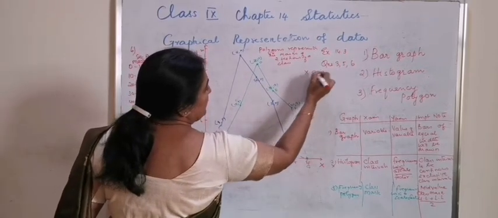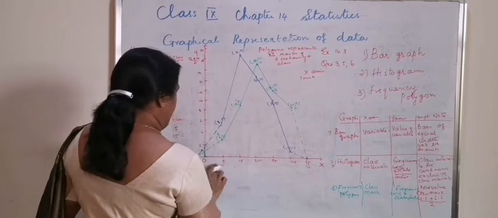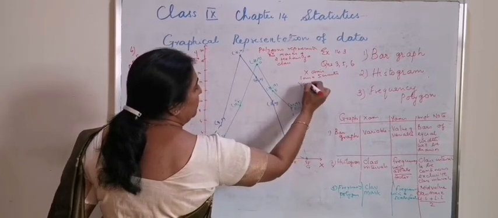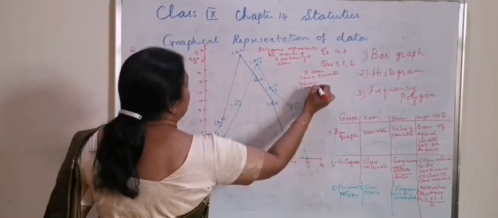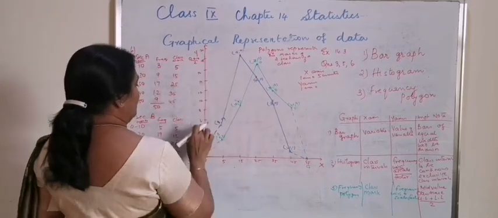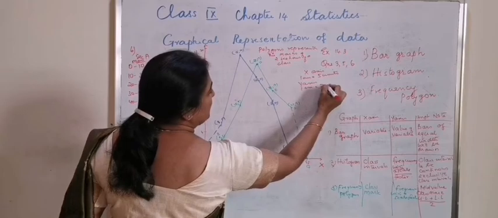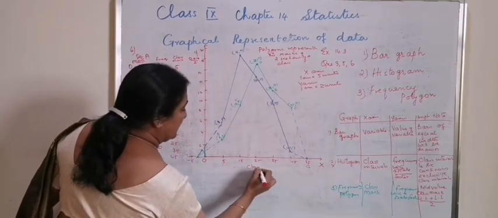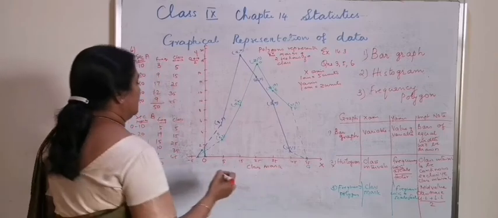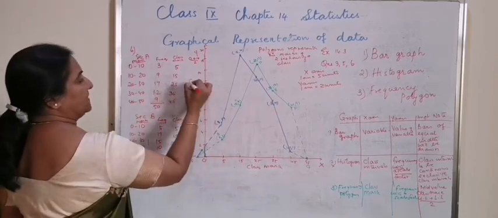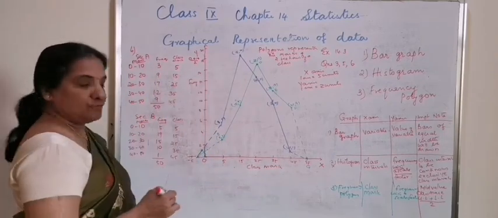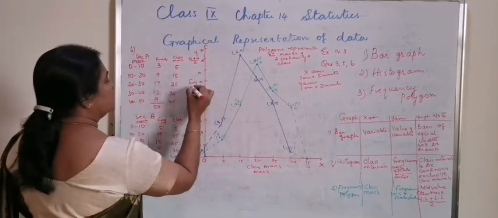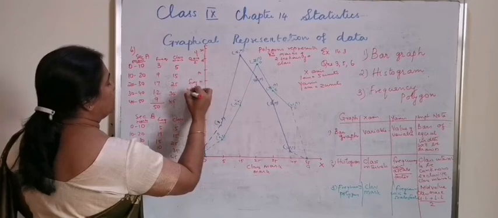Scale: x-axis 1 centimeter is equal to 5 units, and y-axis 1 centimeter is equal to 2 units. On the x-axis you mark the class mark, and on the y-axis the frequency or the number of students. Here you can also write it as marks and the number of students.